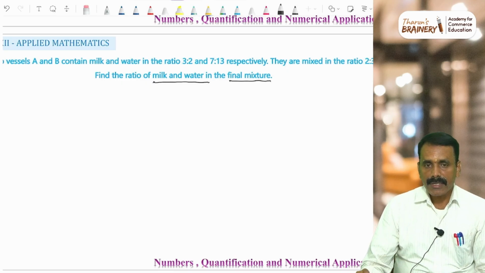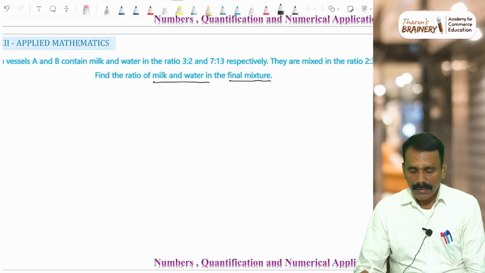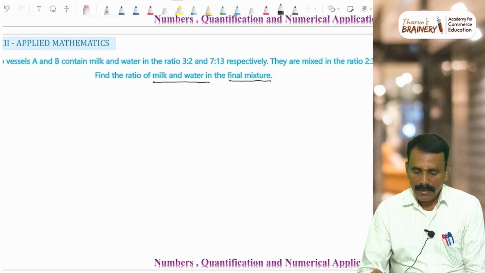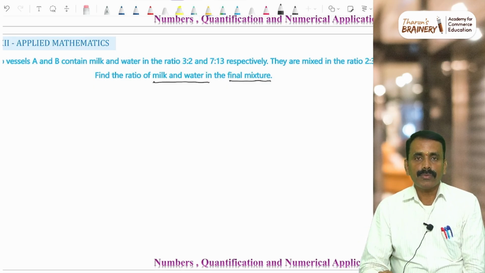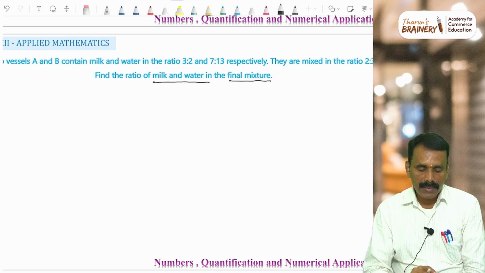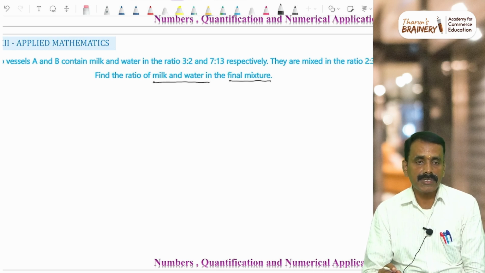In the previous problem we found out the ratio in which the milk from vessel A and vessel B are mixed.